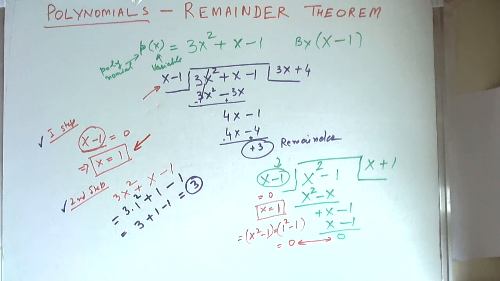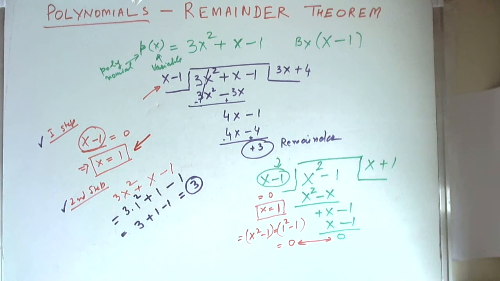So what is remainder theorem? Remainder theorem is a shortcut of finding the remainder. Instead of doing a long division, we can apply the remainder theorem and we can find the remainder. And it is a two-step process. First, we take the divisor and equate it equal to 0 and find the value of the variable.